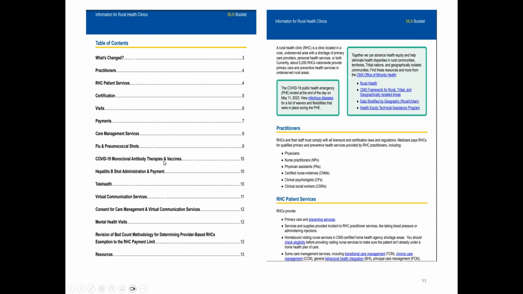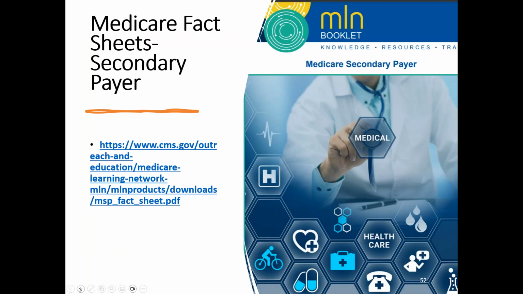Here's what is in that fact sheet. Here's the table of contents, and here is what it looks like. You can see it's very easy reading and laid out very nicely, so you definitely want to get that. One thing that will really help you as rural health, and as consultants, I always use these fact sheets.